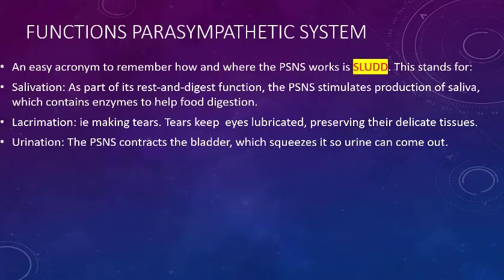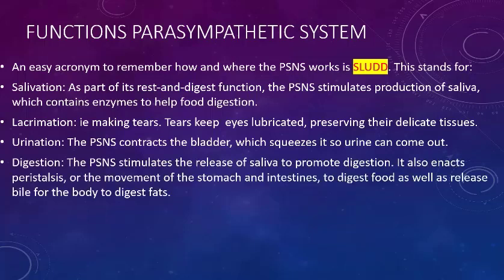U is for urination. The parasympathetic nervous system contracts the bladder, which squeezes it so urine can come out. And D is for digestion. The parasympathetic nervous system stimulates the release of saliva to promote digestion.